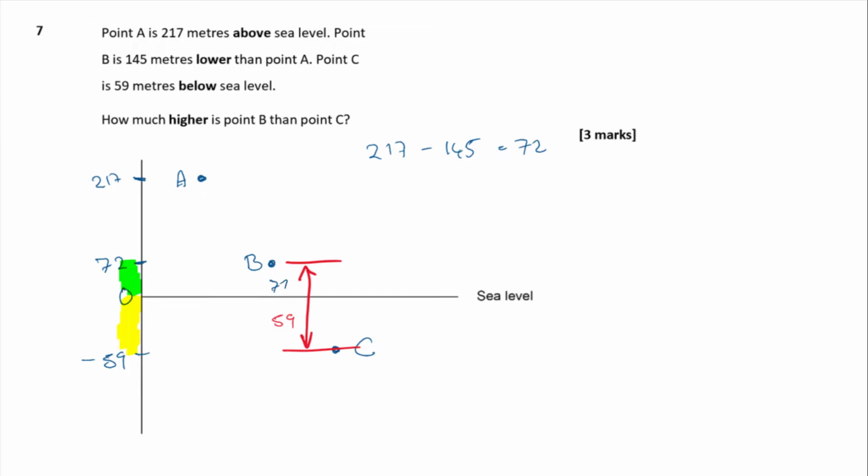So the distance between B and C is equal to 72 plus 59, and that comes to 131 meters. So how much higher is point B than point C? It's 131 meters higher.